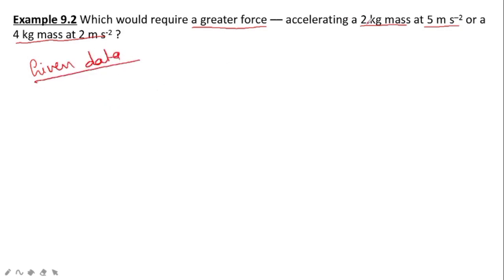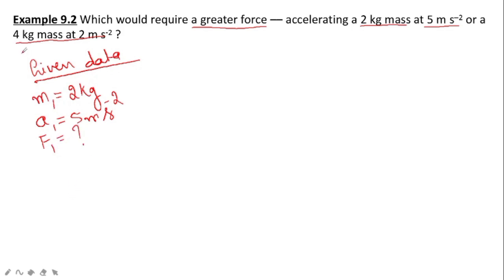Now consider the 2 kg mass, we will take it as m1 is equal to 2 kg, right? And this acceleration, we will take it as a1 equal to 5 meter per second square. Then the force related to this first object, we will take it as f1 is equal to question mark. Clear?